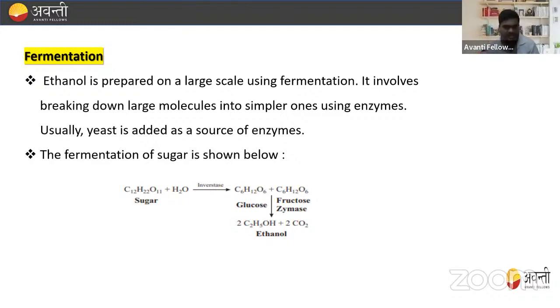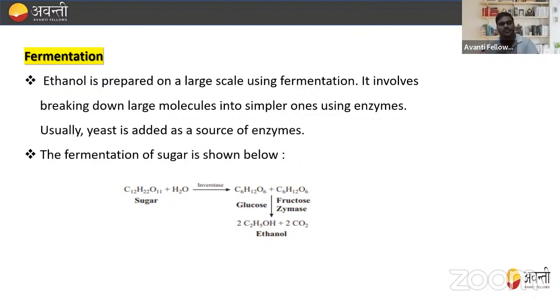Here this is sugar with molecular formula C12H22O11. When it reacts with water in the presence of the invertase enzyme, it converts into glucose and fructose, right? And this will further decompose. In the presence of the zymase enzyme, glucose and fructose further decompose to give 2 C2H5OH plus 2 CO2.